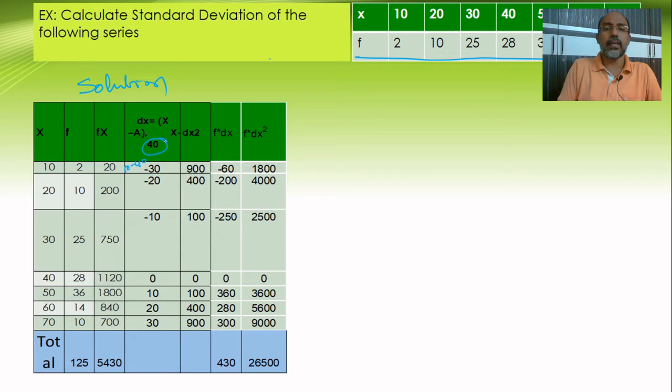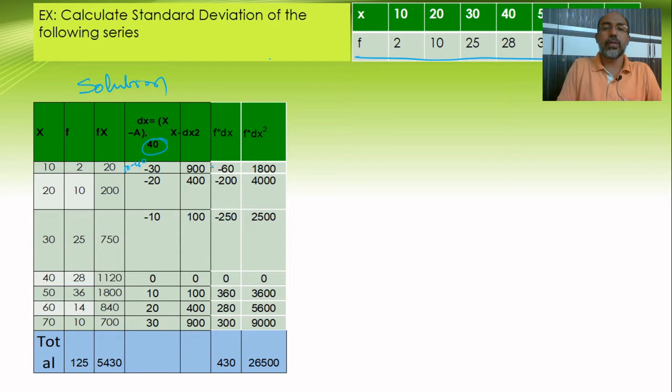Now we are doing dx square. X minus A is called the deviations taken from the assumed mean, dx. So 30 into 30, minus 30 into minus 30, gives 900, and like that you get these values.